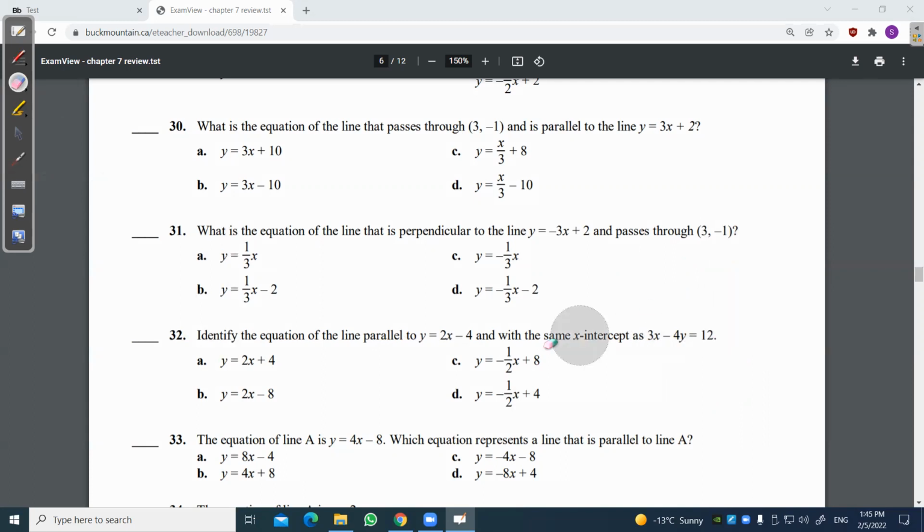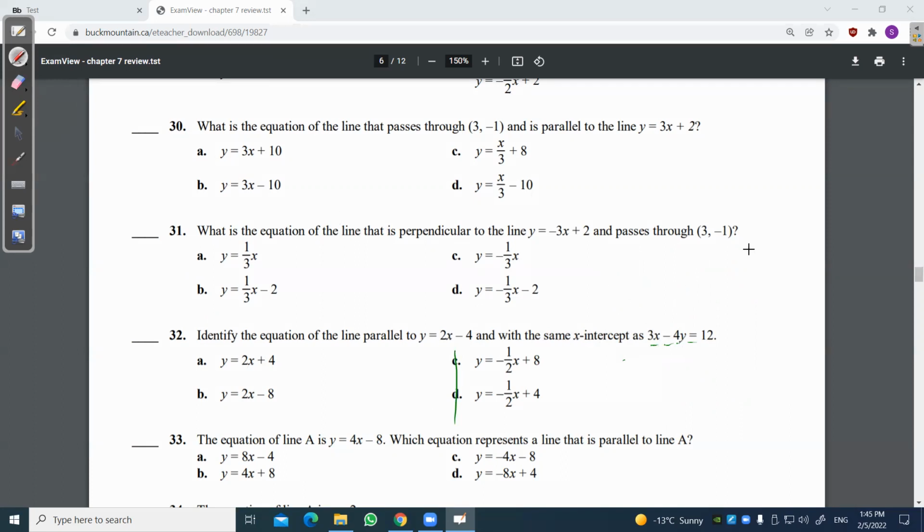32. Right, the equation of a line that's parallel to this with the same x-intercept as this. So we know parallel, that means C and D are out. The slope is 2, right? So let's find the y-intercept in this equation. How do you find the y-intercept here? X becomes 0. No, x-intercept, y becomes 0.